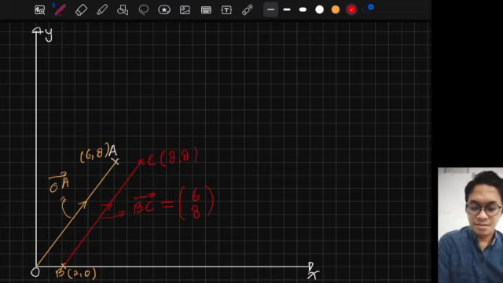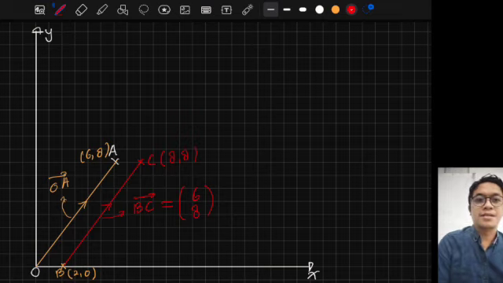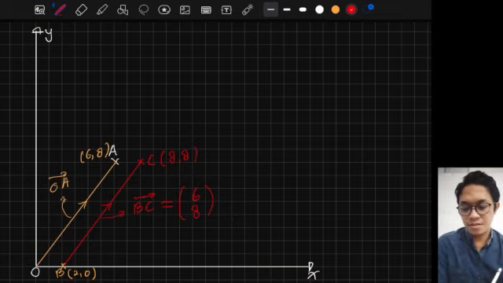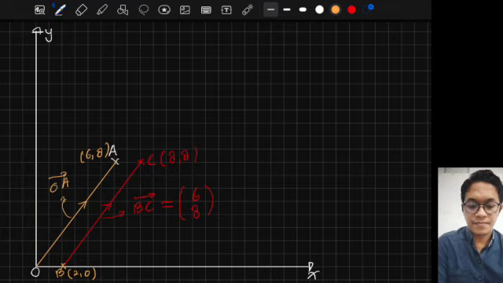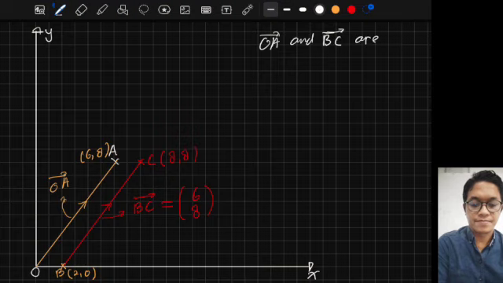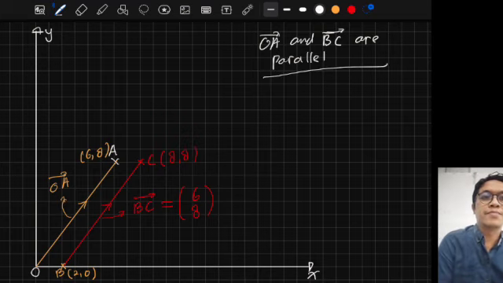Technically yes, but no. OA and BC are parallel.